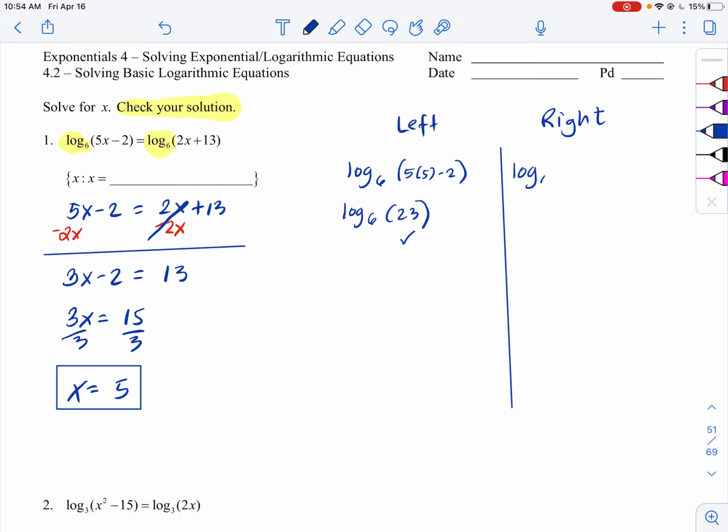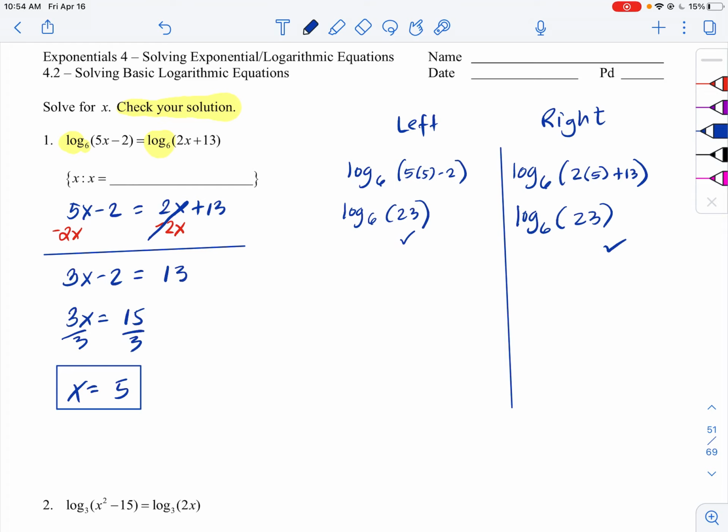Moving on, I have log base 6 of 2 times 5 plus 13. 2 times 5 is 10. 10 plus 13 is 23. So we have log base 6 of 23 on the left and log base 6 of 23 on the right.